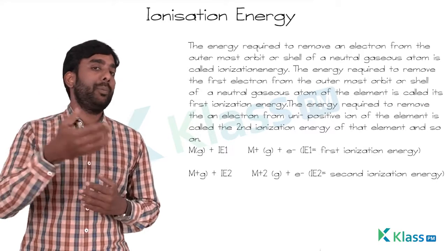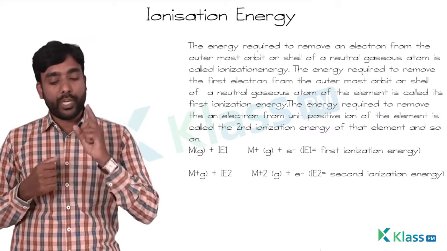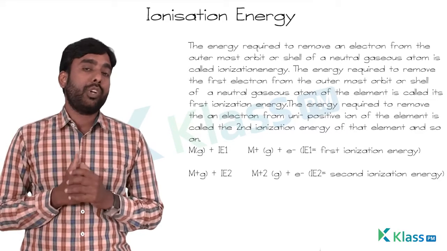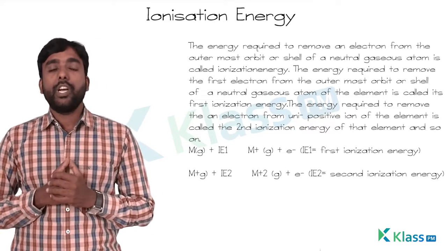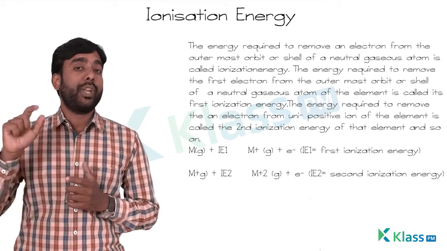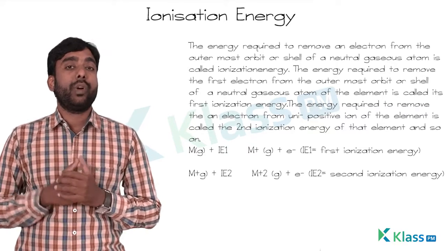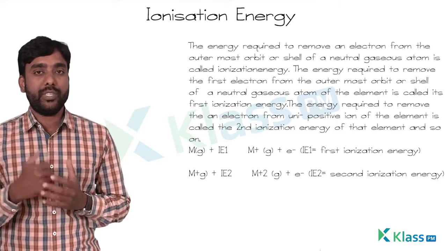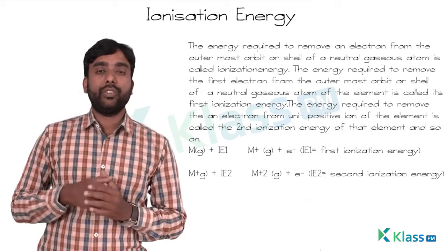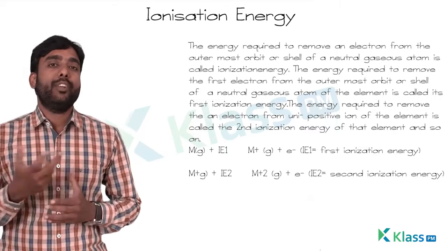See the difference. To remove the 11th electron from sodium you need only 495 kilojoules per mole, but to remove the 10th electron from the sodium plus ion you need 4581 kilojoules per mole. That's why the secondary ionization energy is always greater than the primary ionization energy.